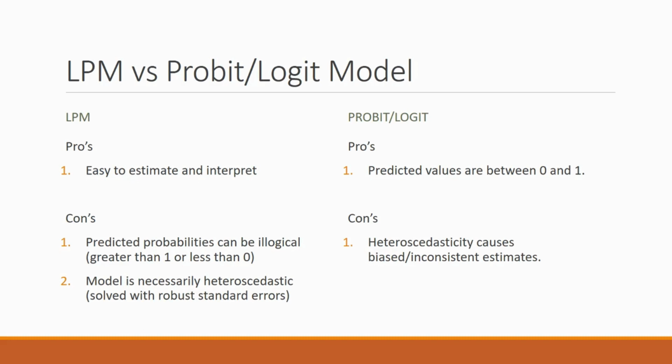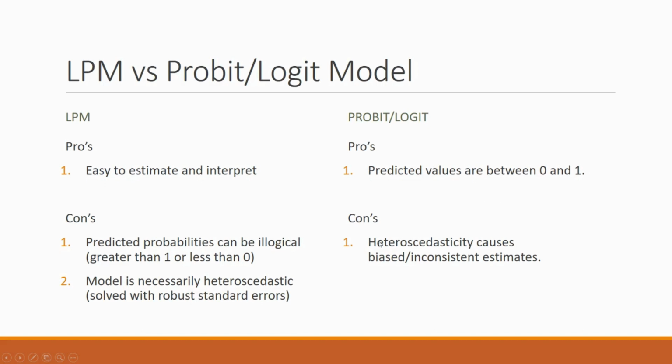But that's not a big problem for the linear probability model because you can just use robust standard errors. So those are the pros and the cons of the linear probability model. Now the pros and cons of the probit model. The big pro is that the predicted values are going to be between 0 and 1. That's a big advantage.